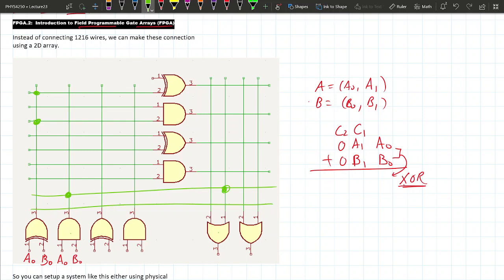Now I'm going to draw in red where the wire connections are. Going like this. This one's going up, going like this, like this. Just by connecting those crossing points, I can make wire connections. Similarly, I want the A1, B1 to be here.